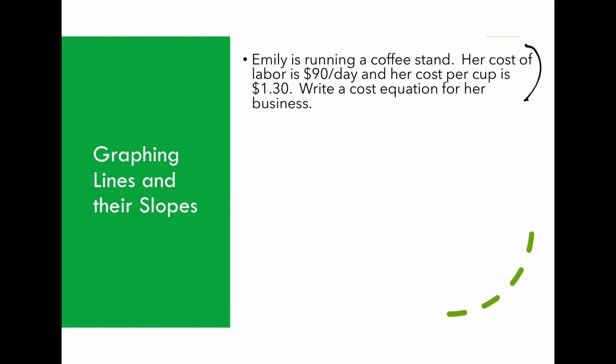Emily's running a coffee stand. Her cost of labor is $90 a day, and her cost per cup is $1.30. Write a cost equation for each day. And we would need to specify that. Write a cost equation for her business for daily costs.